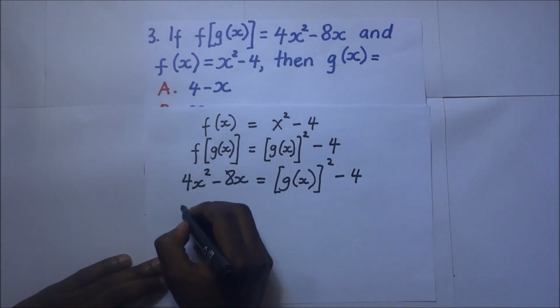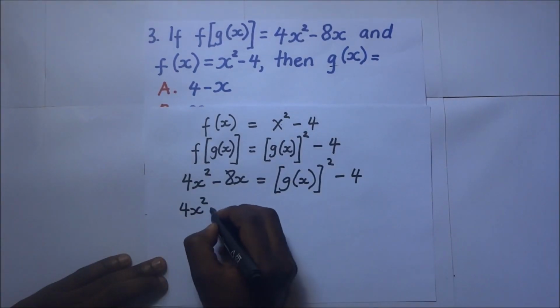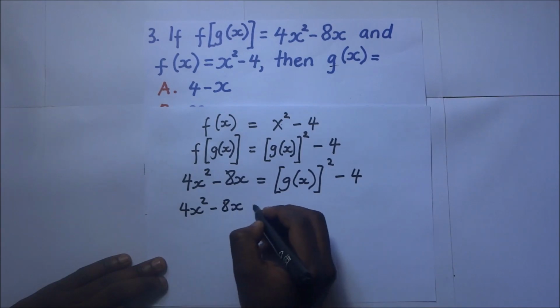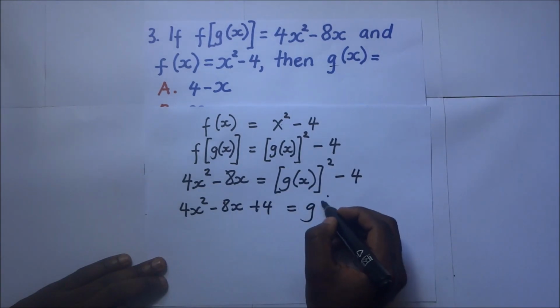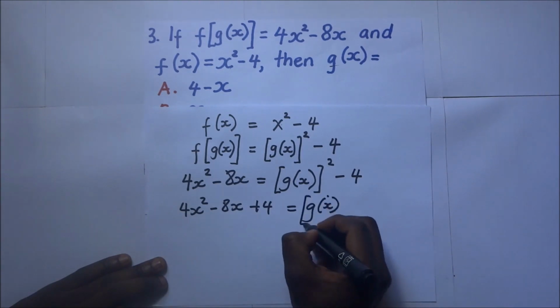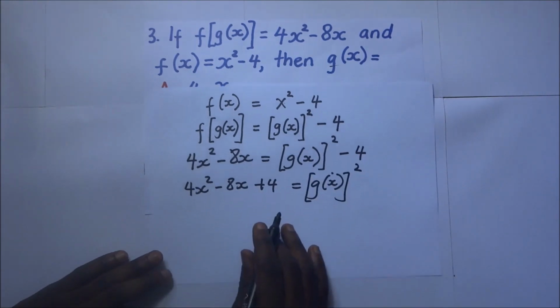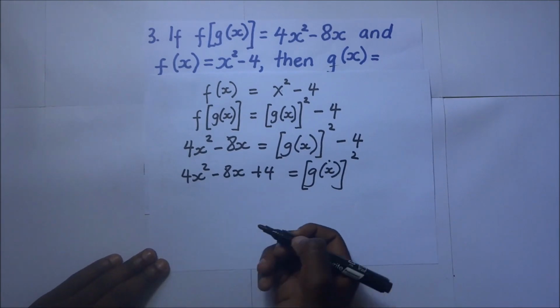So this is going to give us 4x squared minus 8x. This 4 comes this way, it becomes plus 4, is giving us g of x, this thing is squared. So we have a quadratic equation here in x.